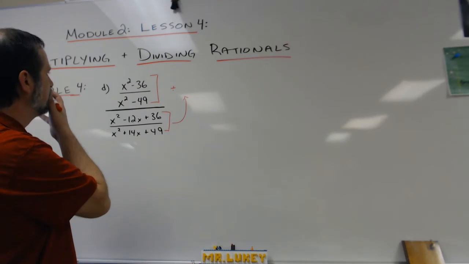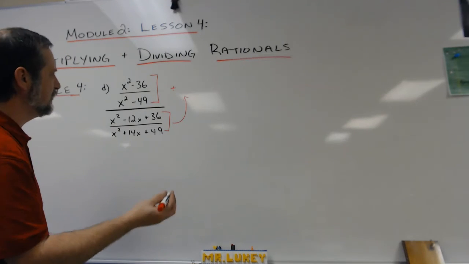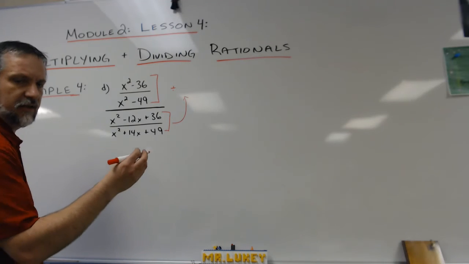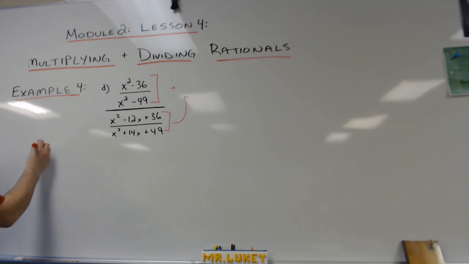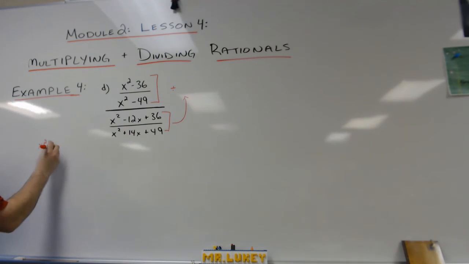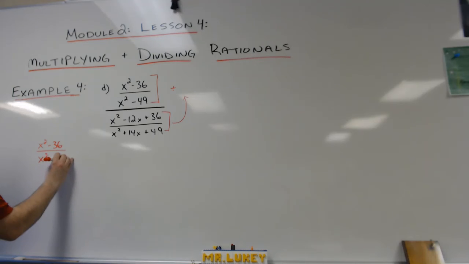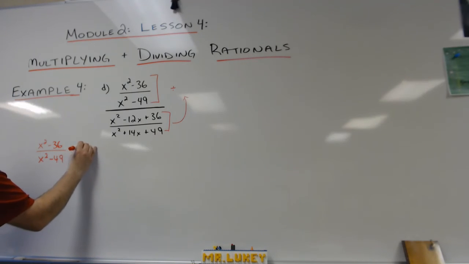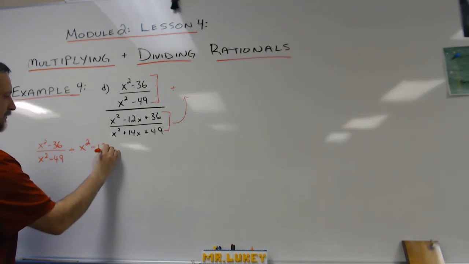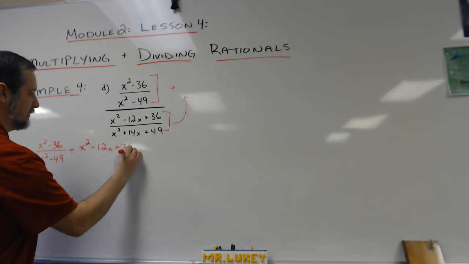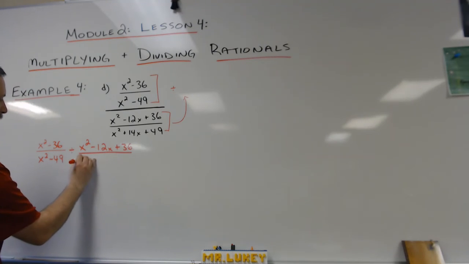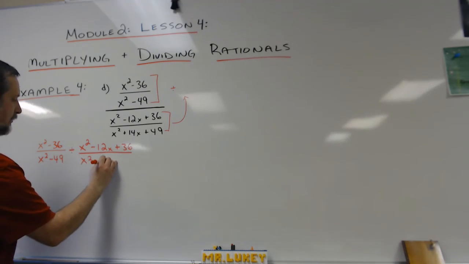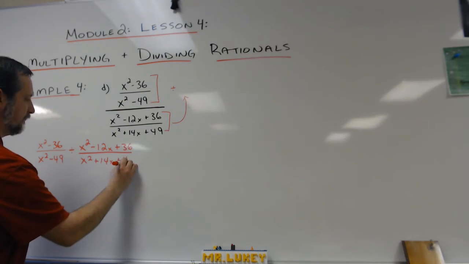So myself, I like to do this the long way here. I'm going to rewrite this as x squared minus 36 over x squared minus 49 divided by x squared minus 12x plus 36 over x squared plus 14x plus 49.